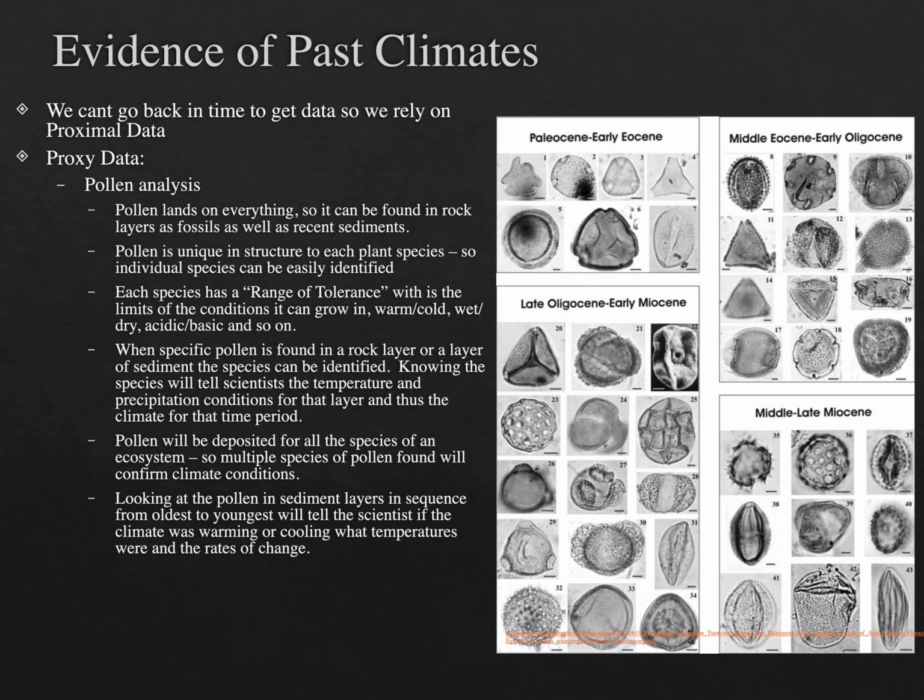So we can look at all of these different pollen shapes and know exactly what plant and or what plant family it belongs to. And because of the plant and plant family, we know exactly what climate conditions this pollen would have germinated under.